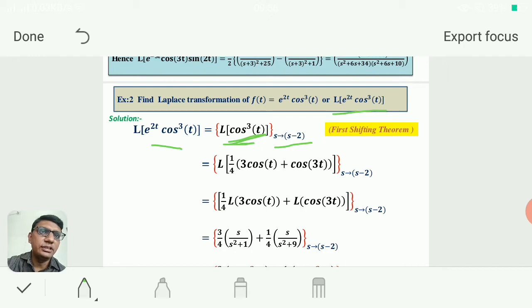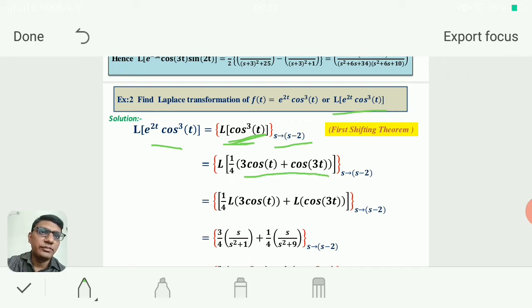We can't find the Laplace of cos cube t directly, but we first convert it using the formula of cos cube t. Cos cube t equals 1 by 4 into 3 cos t plus cos 3t. After applying this formula, we can easily find the Laplace of cos t and cos 3t.